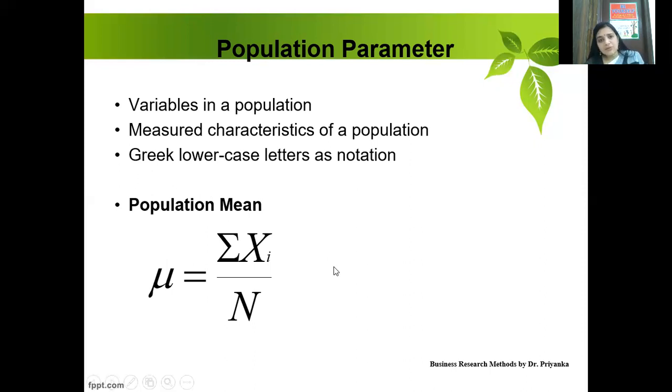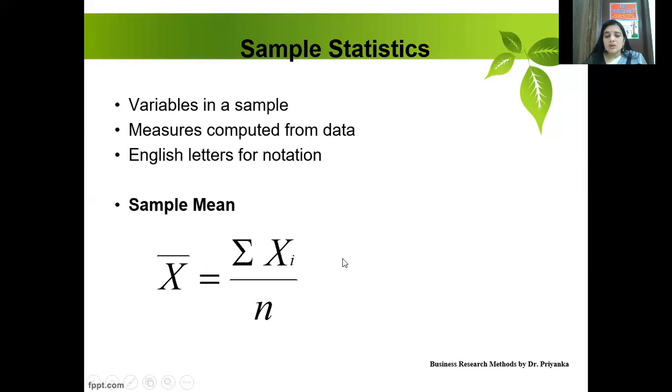This is a little different from the sample statistic. We will just see it. Sample statistics means variables in a sample, then measured data from the sample, right? And its notation is X bar. X bar is basically the average of X, you can say, right?